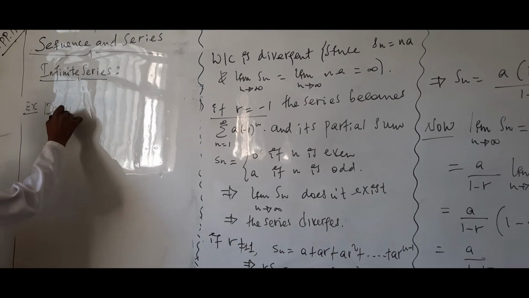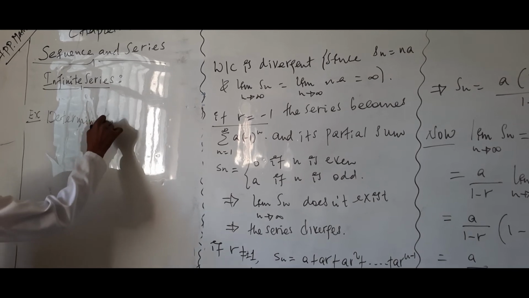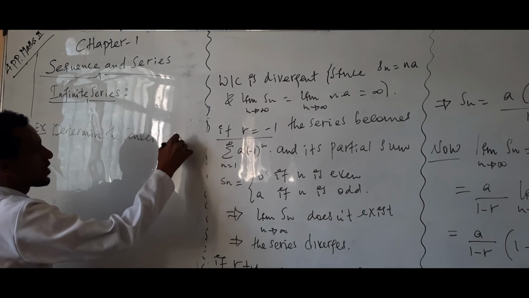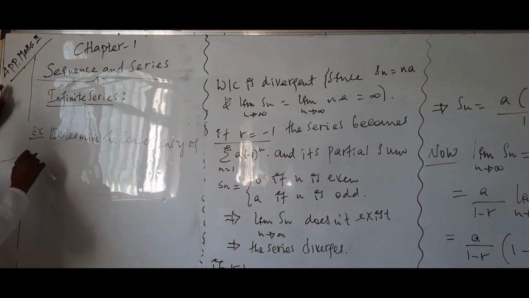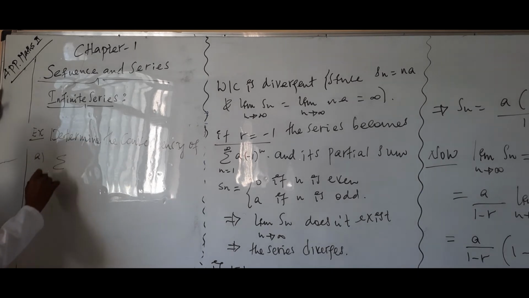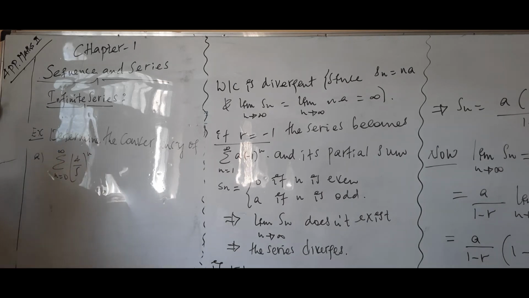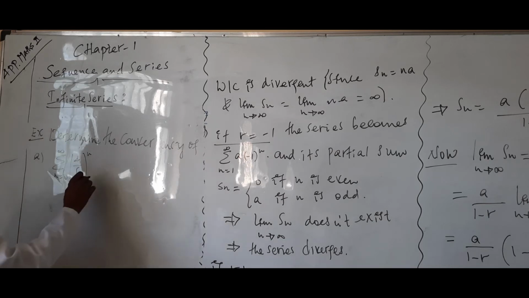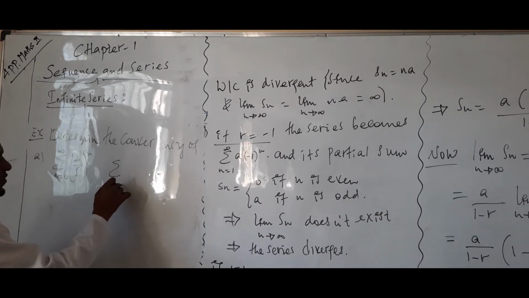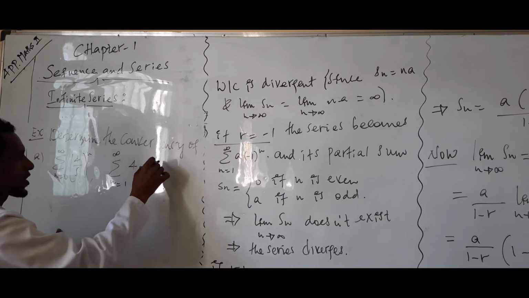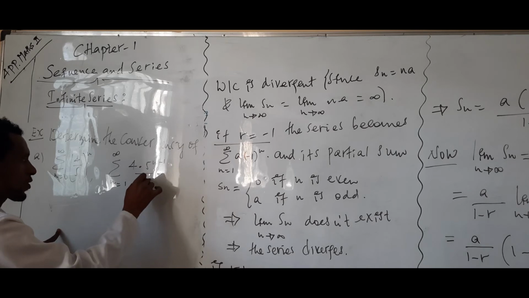Determine the convergence of the sum n from 0 to infinity of 4 over 5 to the power of n, and the sum n from 1 to infinity of 4 times 5 to the power of n minus 1 over 4 to the power of n minus 1.